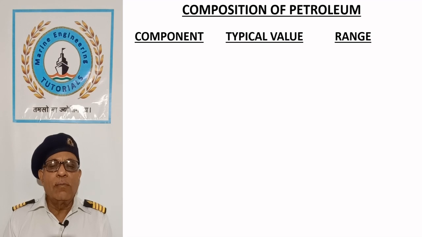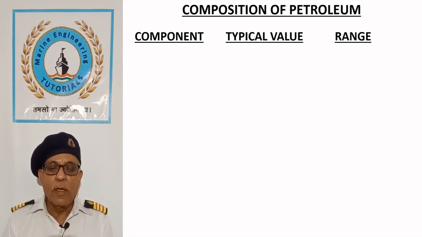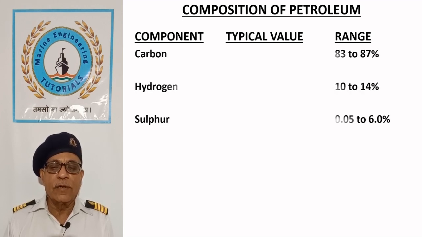Composition of petroleum. This table shows the average composition of liquid fuels used on ships. The fuel may have an average higher calorific value of 43,300 kJ per kg and a maximum density of 991 kg per cubic meter at 15 degrees centigrade.